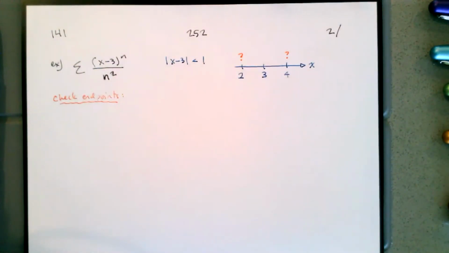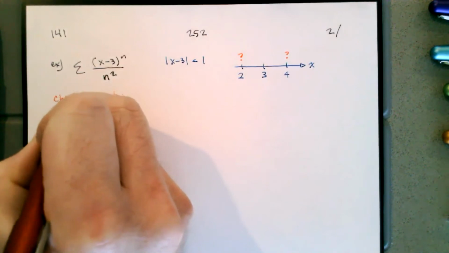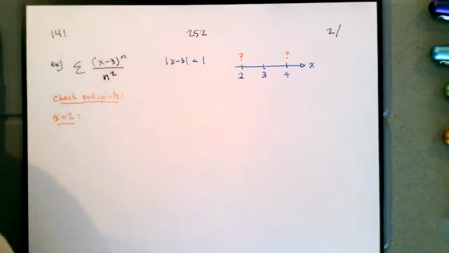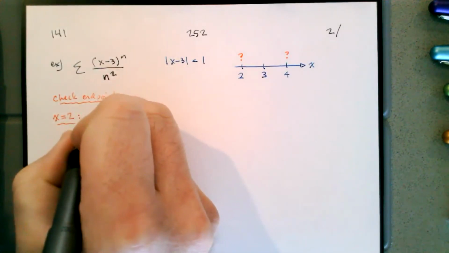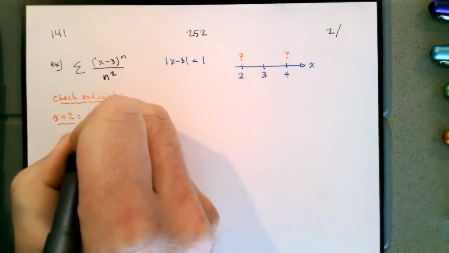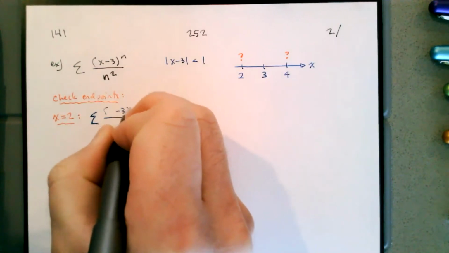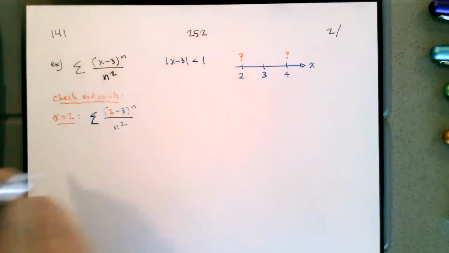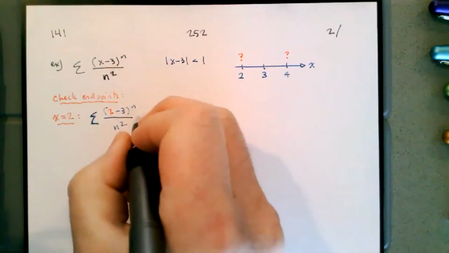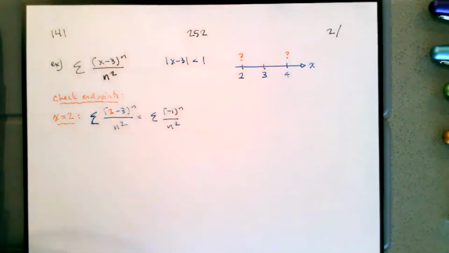So when x is equal to 2, we're going to get a negative 1 to the n over n squared. So when x equals 2, our power series looks like the sum of (2 minus 3) to the n over n squared. 2 minus 3 is negative 1, so we get negative 1 to the n over n squared.